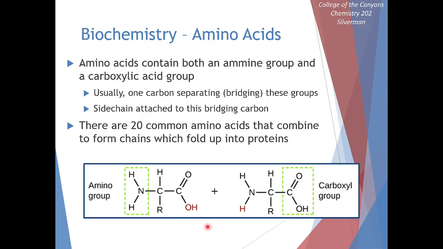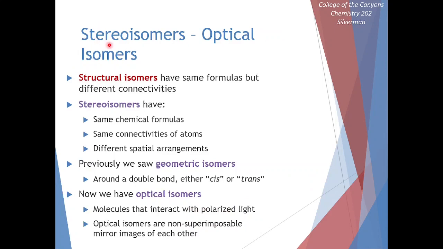An interesting thing here: once we have carbons surrounded by 4 unique bonds, 4 unique groups on a single tetrahedral carbon in the middle, we can start to introduce a new type of isomers. These are known as stereoisomers or optical isomers. Stereoisomers are isomers that have the same chemical formulas but different arrangements in space.